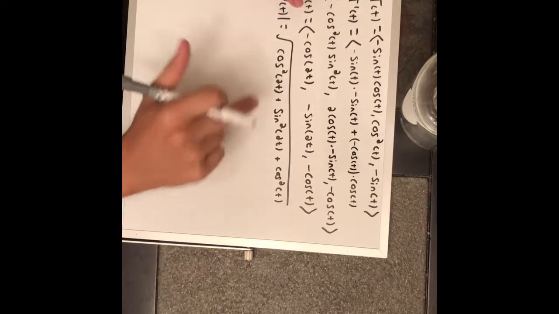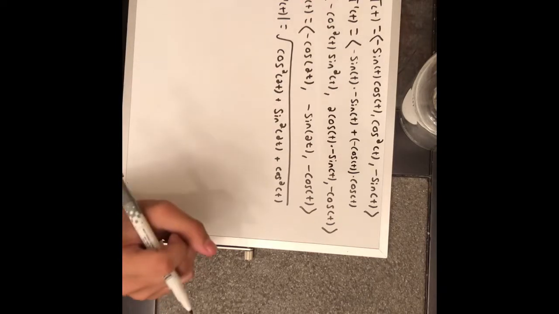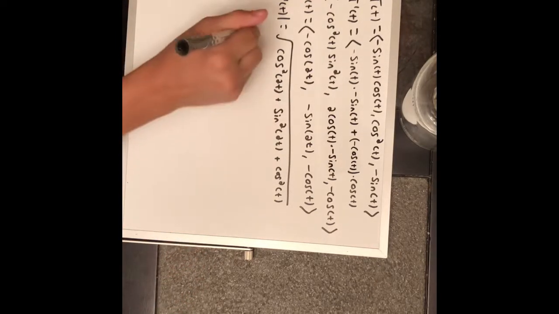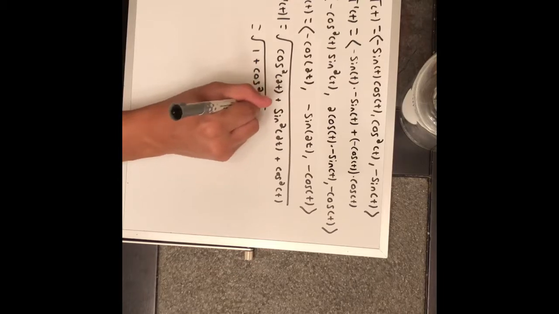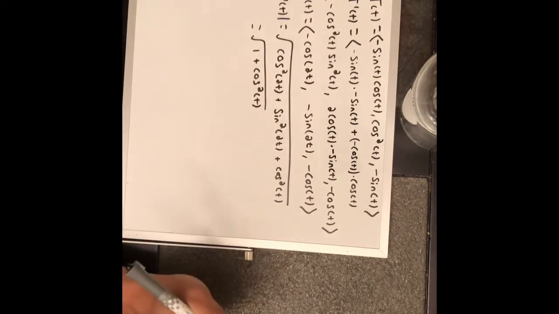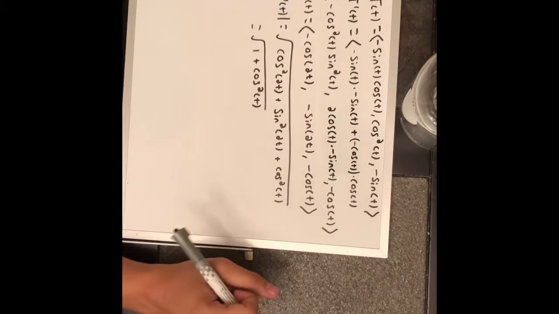The inside, it is equal to 1 for any value inside. So regardless of the fact that this was 2t, it is still equal to 1. So this would be 1 plus cosine squared of t, which I don't believe can be reduced. So this is the magnitude of the first derivative of the tangent vector.